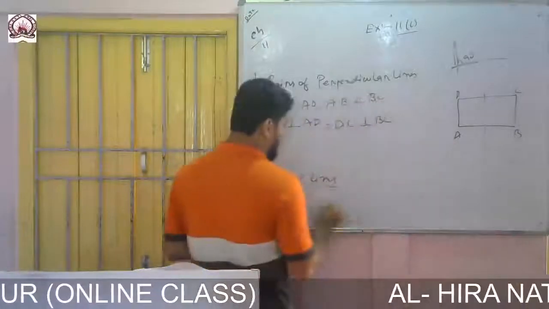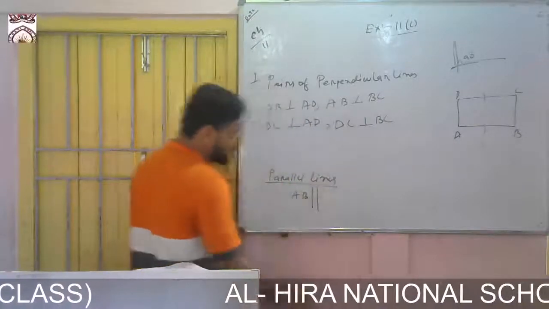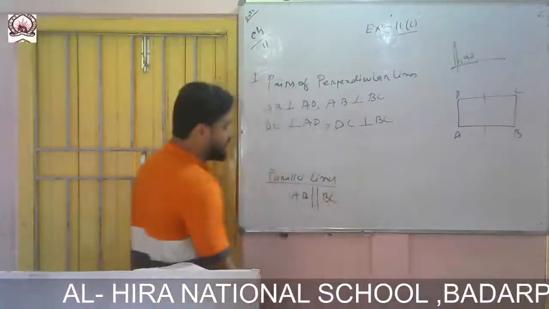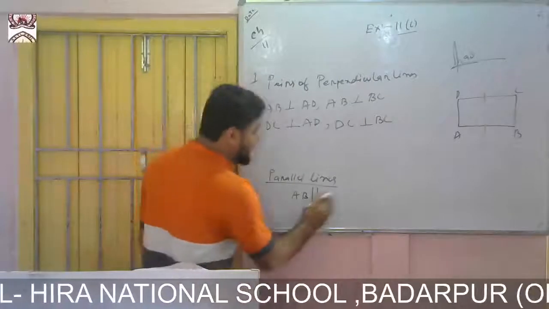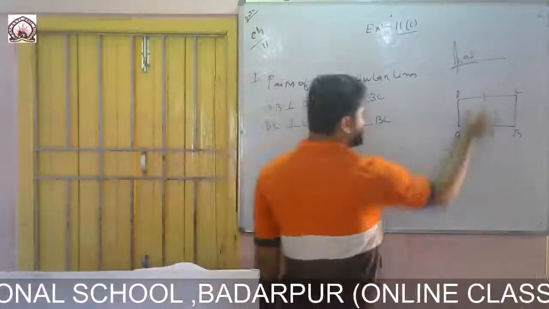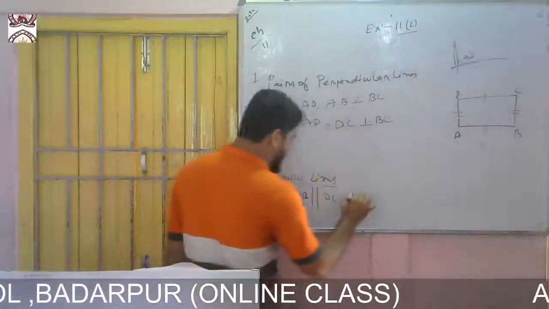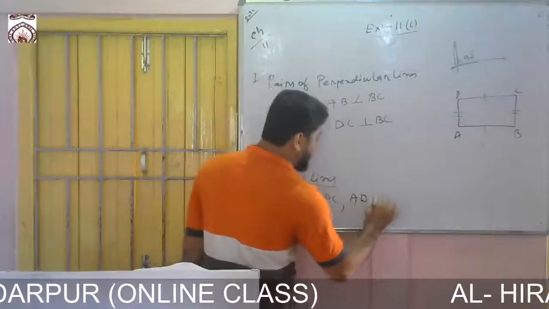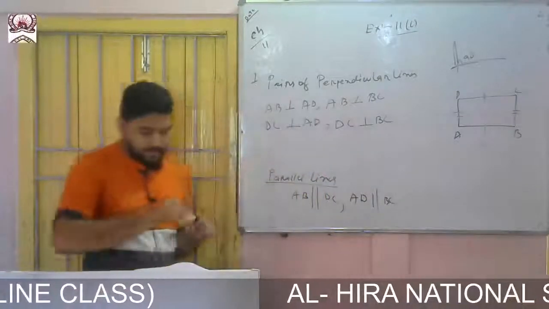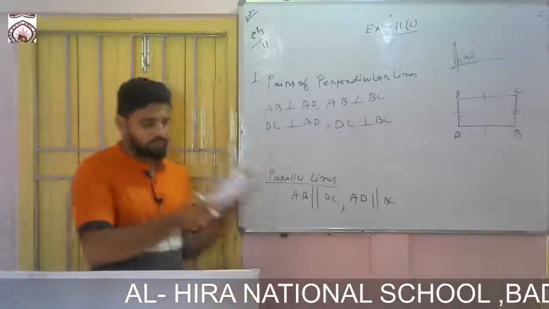The parallel symbol we use is like this, two long vertical lines. So AB parallel to DC, and AD parallel to BC. So these are the parallel lines.